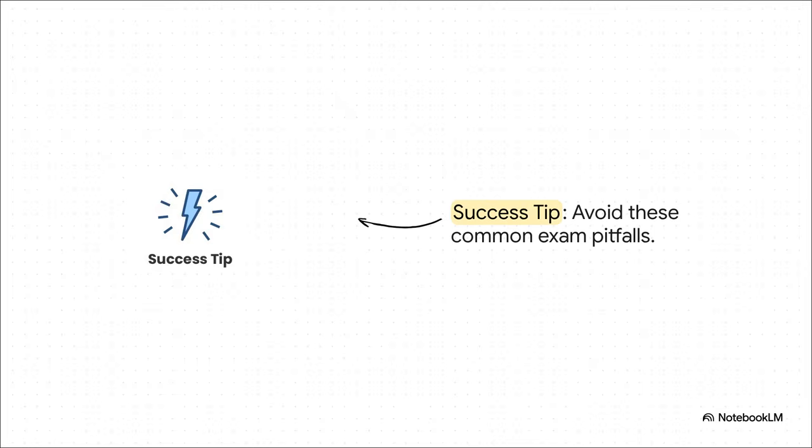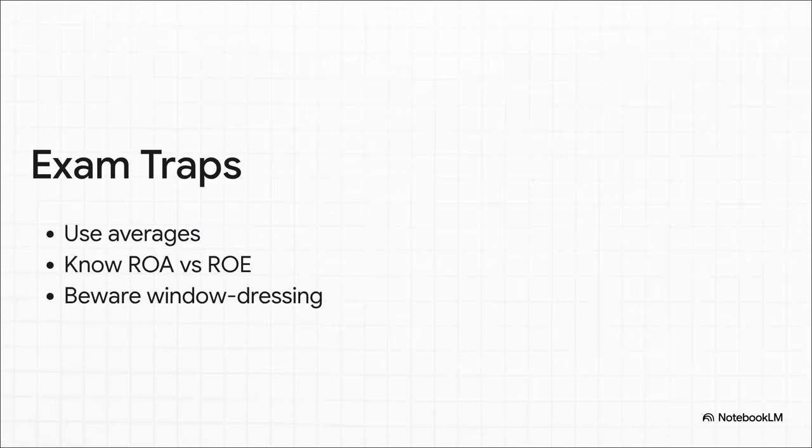So with that fundamental logic in your back pocket, let's run through our ultimate success tips and the specific pitfalls you absolutely have to avoid when you sit down on test day. First off, and I know I sound like a broken record here, but the number one trap is using ending balances instead of averages. The exam will almost always give you both. If a question gives you 2 years of balance sheet data, you must calculate the average. Don't fall for it.